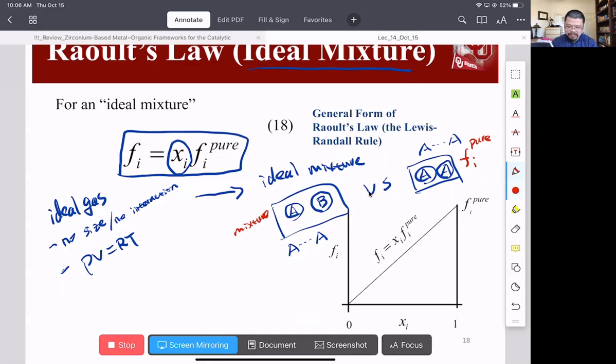Now you can see that the Fi of A, this is Fi of the pure. In order to calculate what is the fugacity of A in the ideal mixture, we just need to know what is the ratio of A in the mixture. And we multiply this by the pure. Okay.